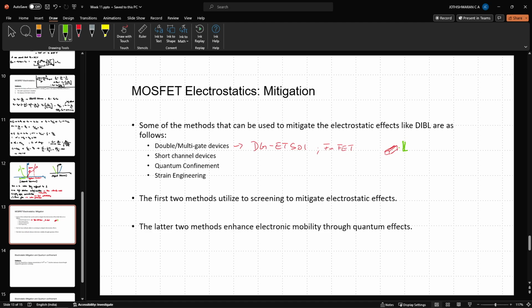So the gate will be something like this. It will cover this entire channel.